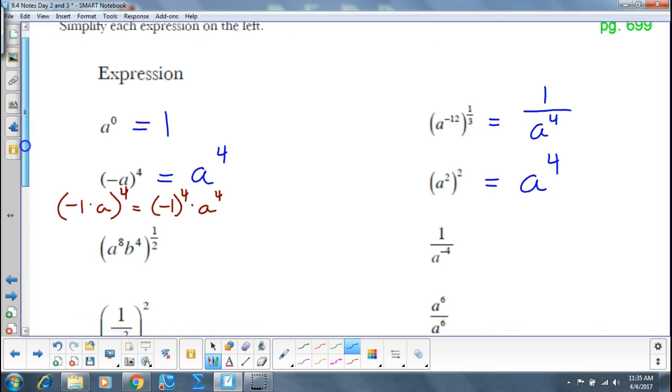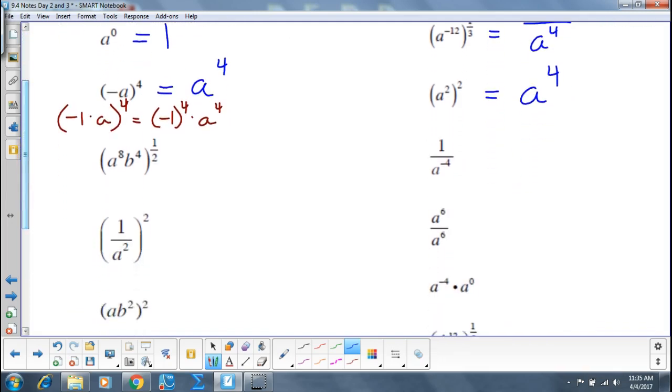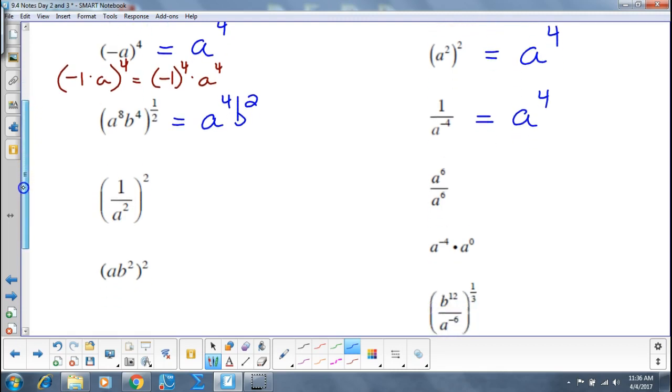A to the 8th, b to the 4th, all to the 1/2 power. A to the 4th, b squared. 1 over a to the negative fourth. A to the fourth. Questions on those two? 1 over a squared, then squared.